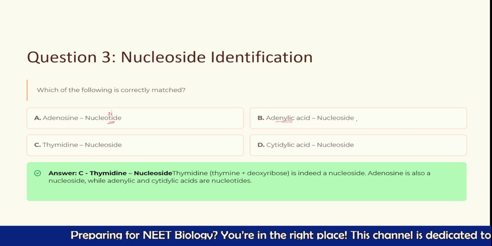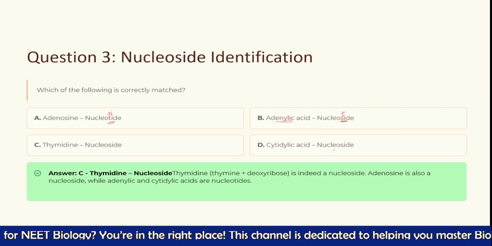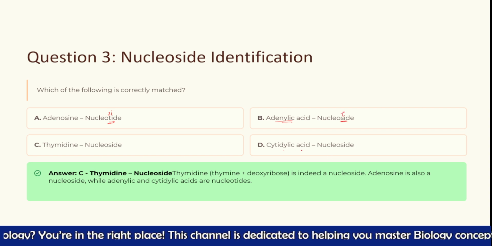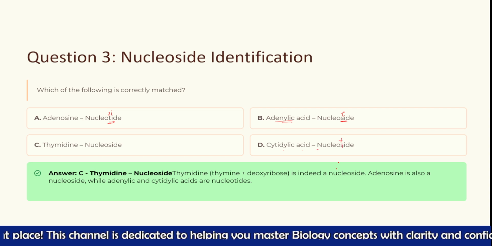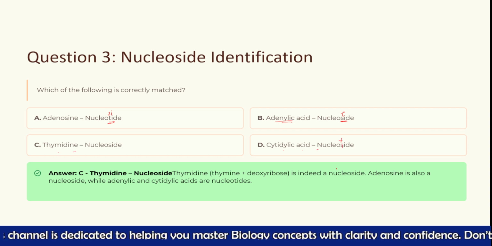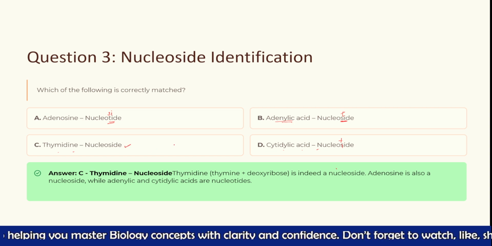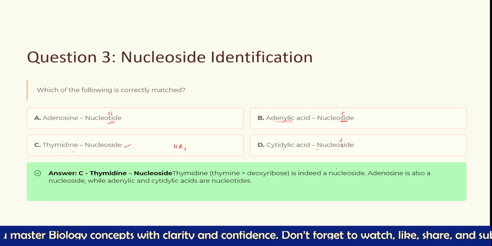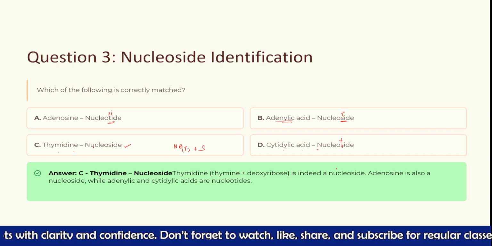Adenylic acid is not a nucleoside, it is a nucleotide. Cytidylic acid is also a nucleotide. But thymidine is a nucleoside. Thymidine is formed from the nitrogen base thymine plus sugar.